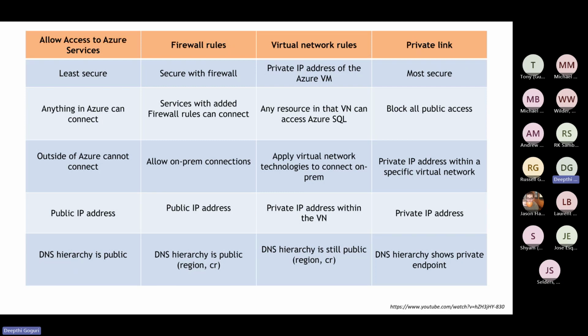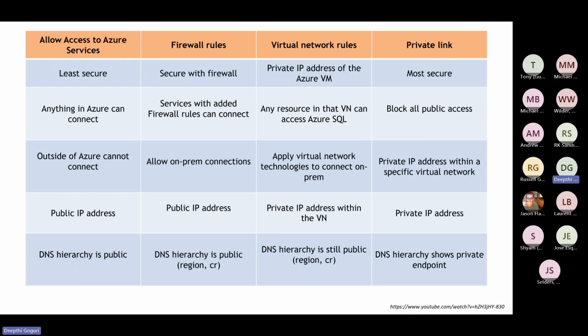The next layer is virtual network rules. Let's say your database is connected to many different virtual networks. All of the virtual networks will be connected together using the latest technologies, like VNet to VNet or ExpressRoute.